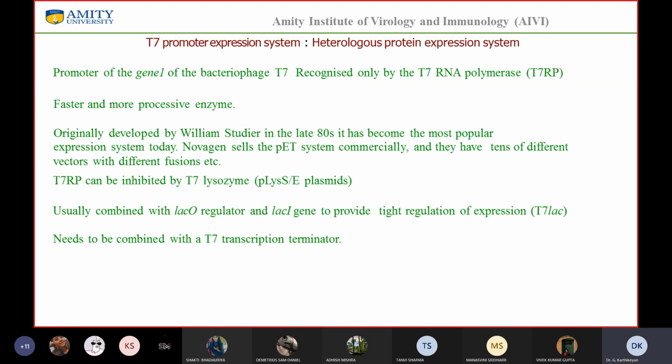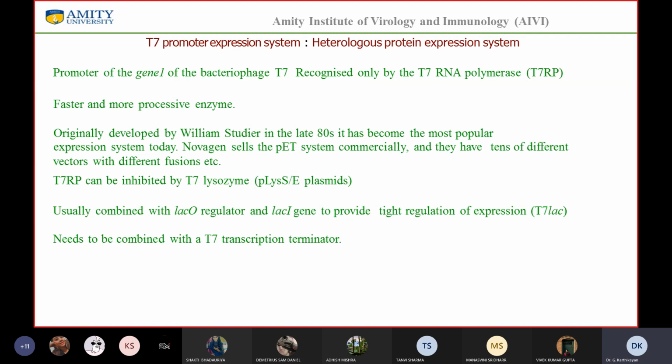So T7 is an unusual bacteriophage, and the promoter of gene 1 of bacteriophage T7 is recognized only by the T7 RNA polymerase.